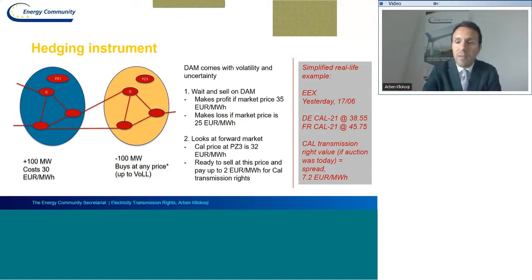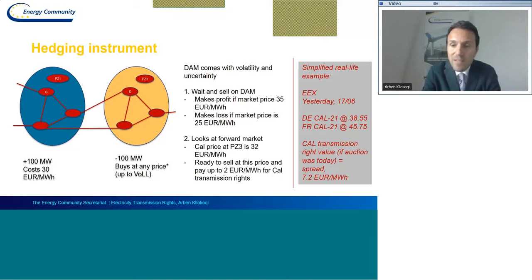I looked at just a simplified real-life example: yesterday's prices at EEX, so German and French power futures. I looked at the calendar year 2021, and the price yesterday was 38.55 euros per megawatt hour in Germany, and 45.75 in France.